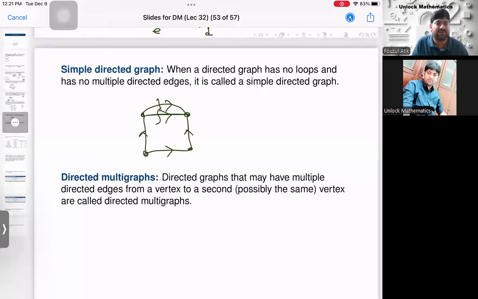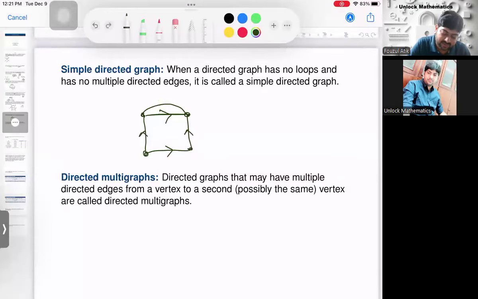This is not an example of a simple directed graph. But if you remove that part, now it is a simple directed graph, right? Similarly, this one is also not an example of a simple directed graph because of this directed loop I have. Clear? But now it is a simple directed graph.